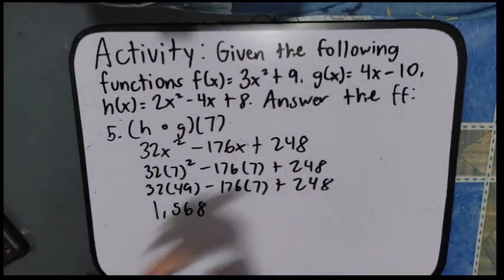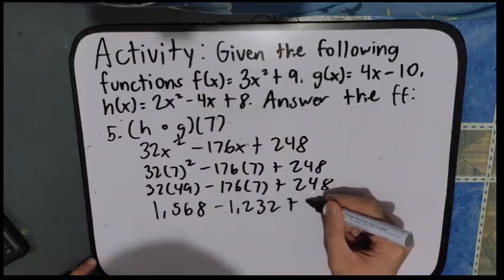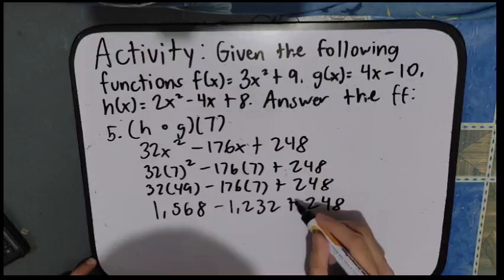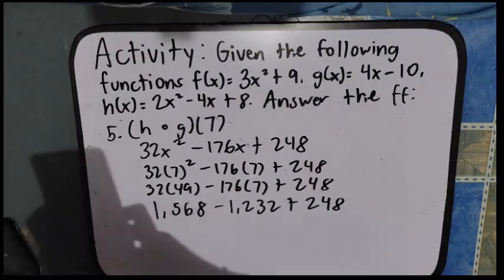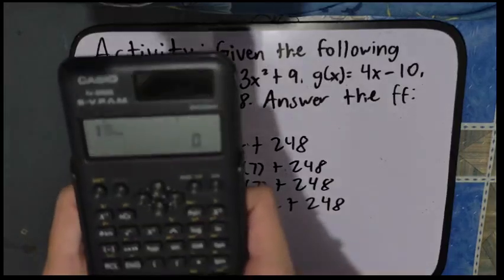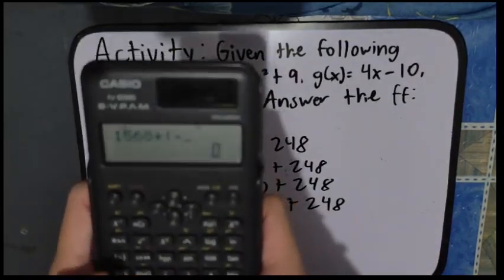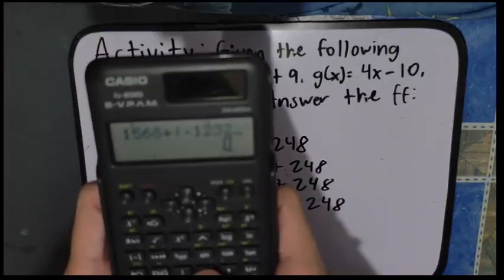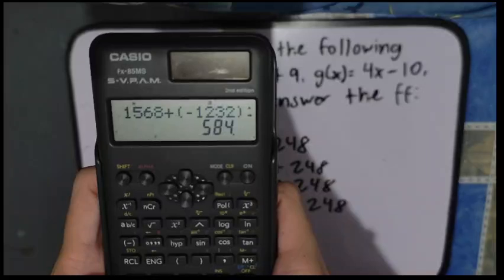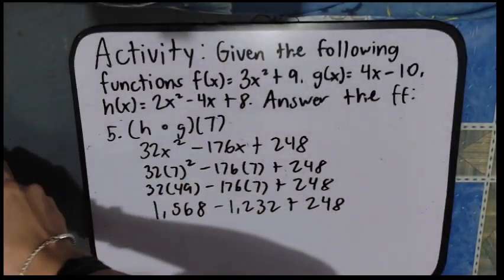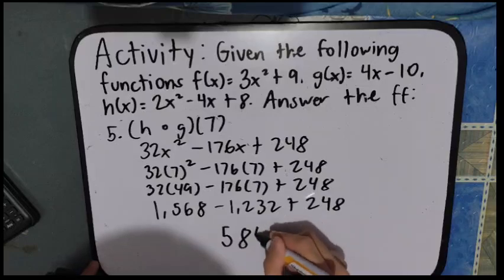So minus 1232. Then copy 248. After that, we're going to add each number. So 1568 plus negative 1232 plus 248. And the answer is 584. So the answer for number 5 is 584.